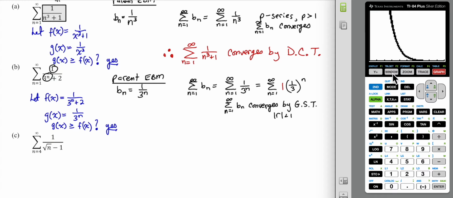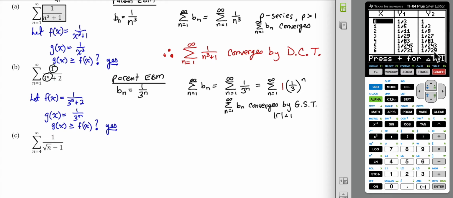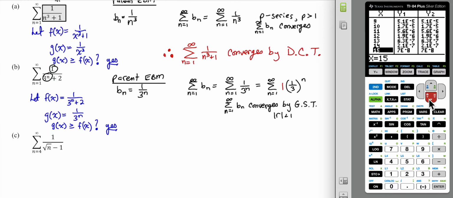If you want to play around with the window, you could, but I can go a little further out just to show that relationship, and then go into the table and verify that in all relevant cases, so greater than or equal to 0, the values look like they're the same, but you can see they're ever so slightly different.